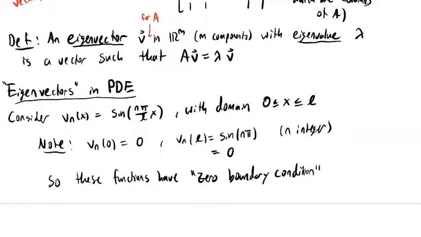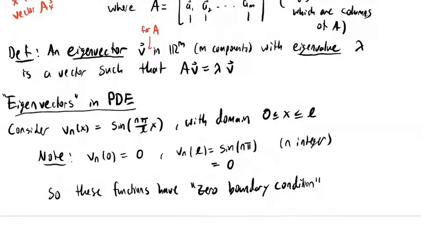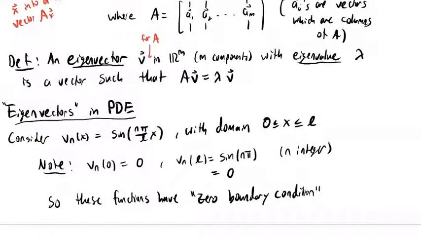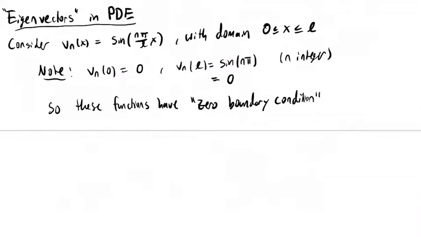Okay, and so what does this have to do with eigenvectors? Well, it turns out that if I pick a particular differential operator, these functions act just like eigenvectors for this operator, except instead of a matrix, it's a differential operator, right? And so we're going to consider the differential operator, which I'm going to call A, to match up with the matrix notation from before. And it's going to be -1 times the second partial derivative with respect to x.